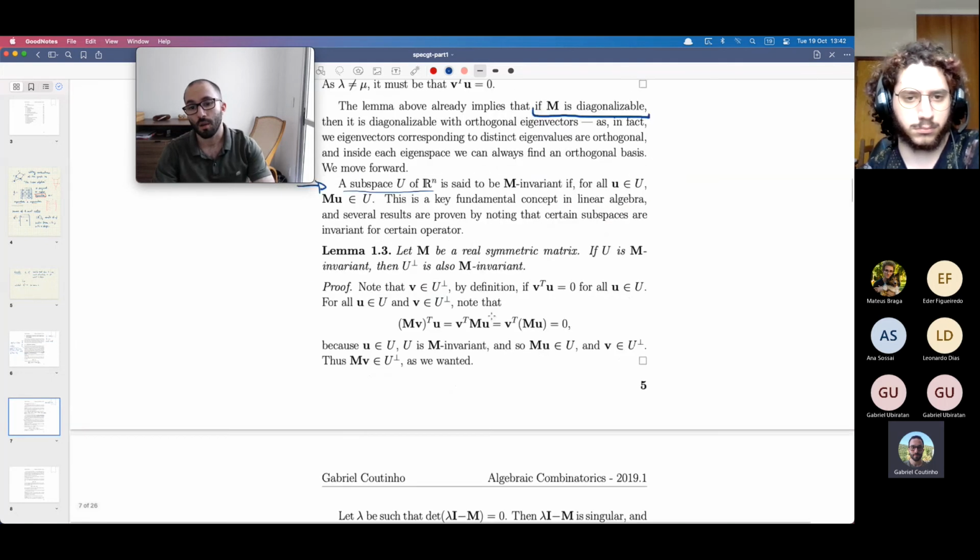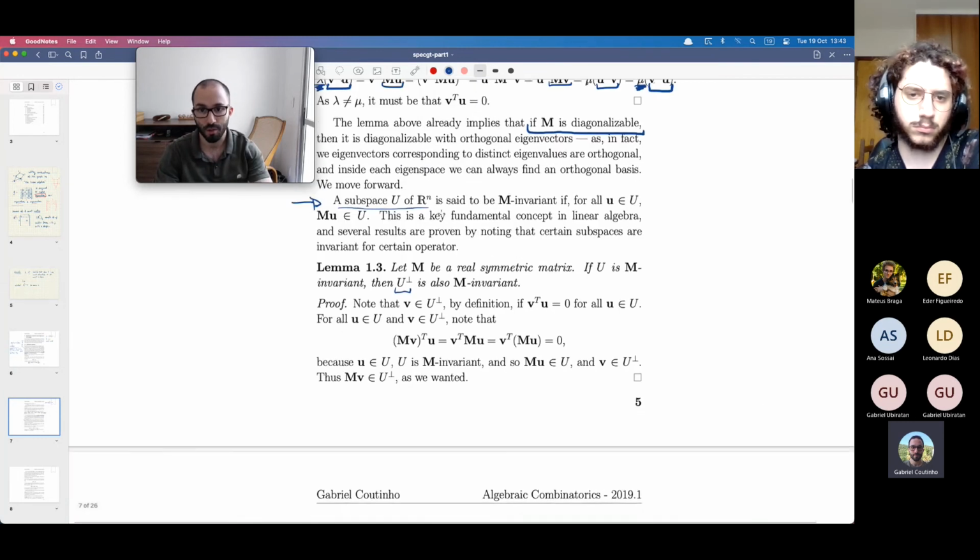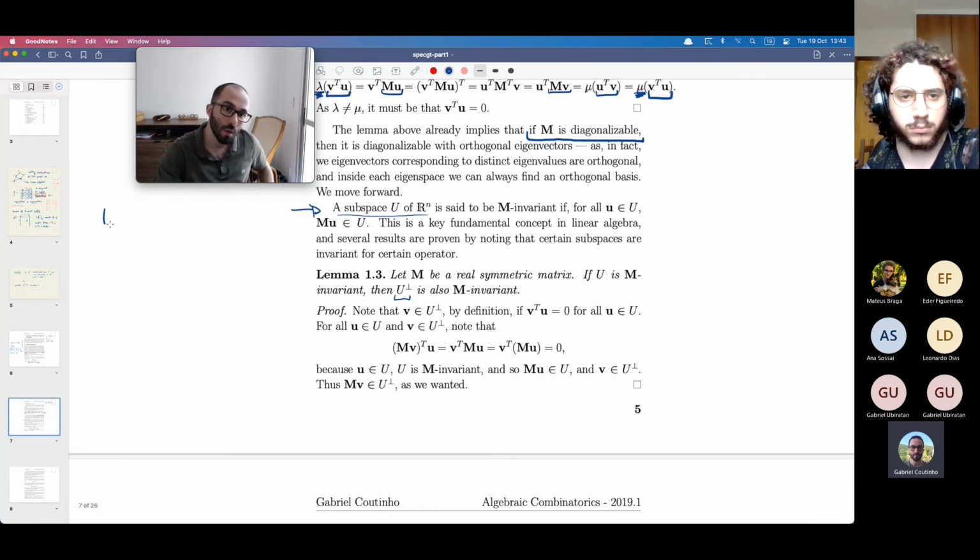Now, assume M is a real symmetric matrix. If U is M-invariant, then U perp is also M-invariant. So this is a very important lemma. U is a certain subspace.